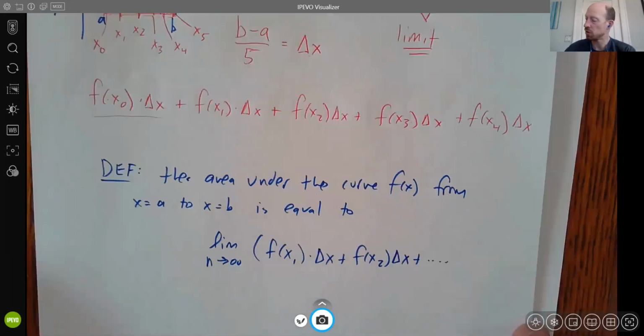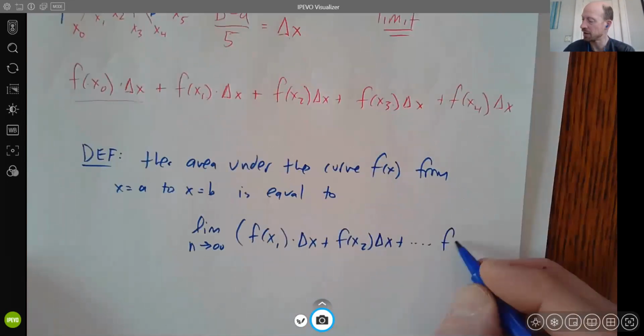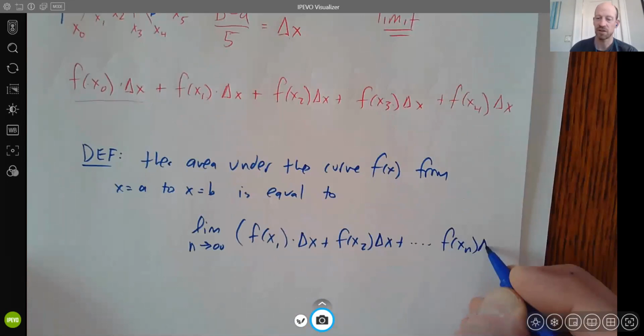And I'm going to keep going all the way to f of x sub n times delta x.